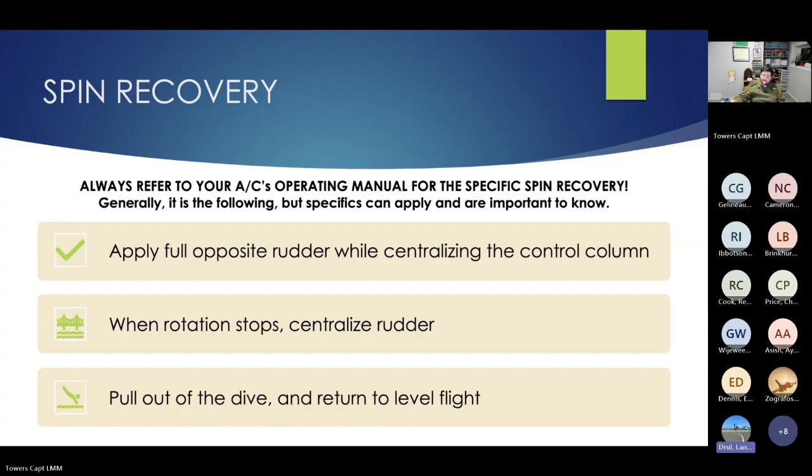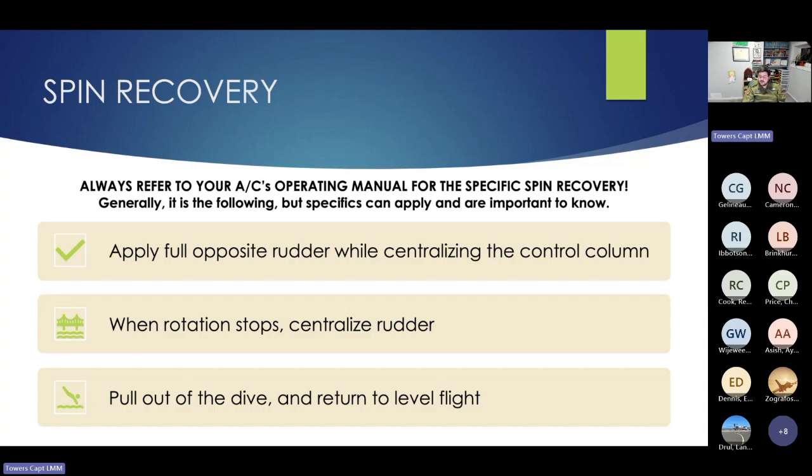Can you hear me, sir? Yep. Sorry, what was the question again? You had asked to go back to the spin recovery slide. Yeah, thank you, sir. It's a good thing we did because I missed some instructor notes on this slide. It's important to note that some aircraft can't recover from spins, especially flat spins. So the best recovery is prevention. Try not to get into a spin in the first place.